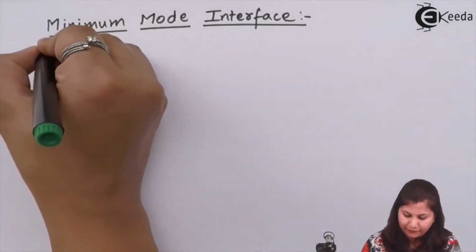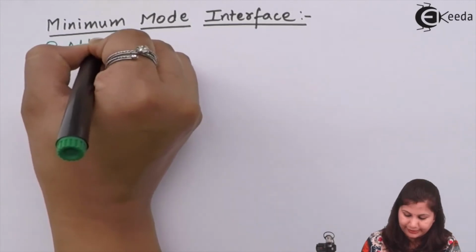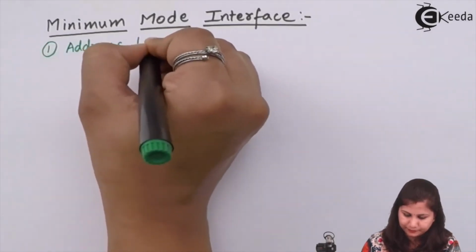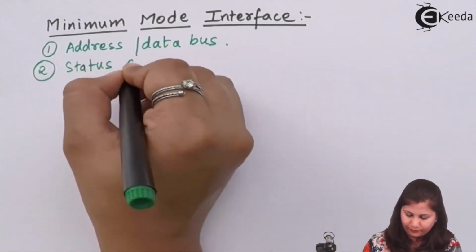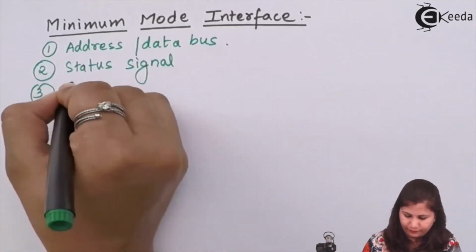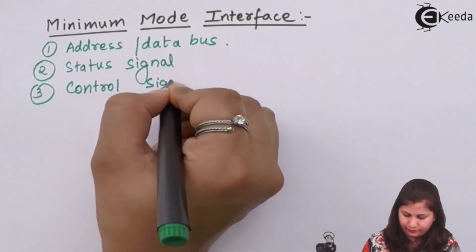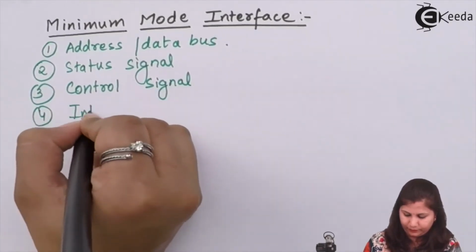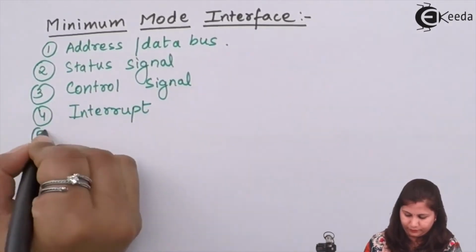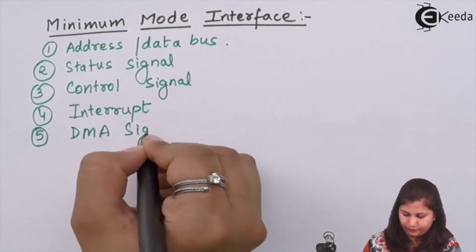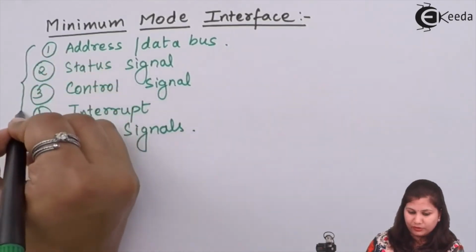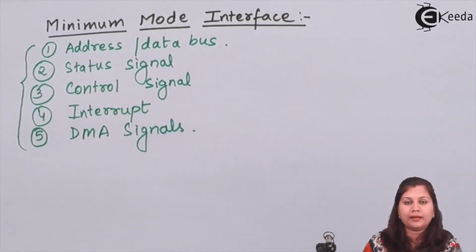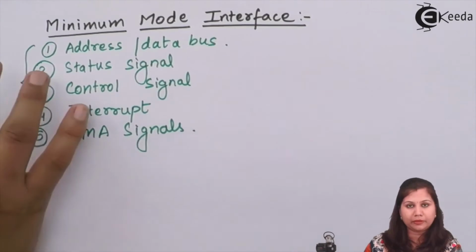So in this we have the address and the data bus. These are the different signals which are needed by the microprocessor in the minimum mode.